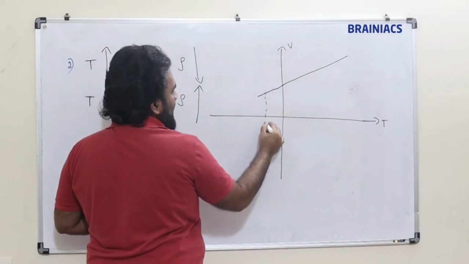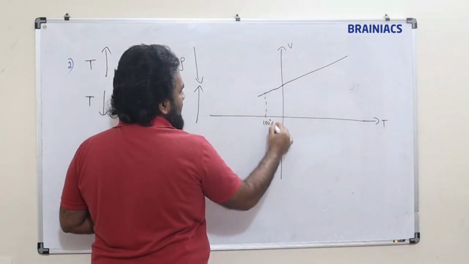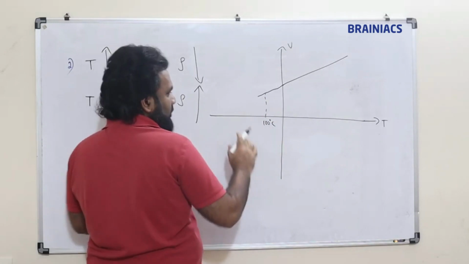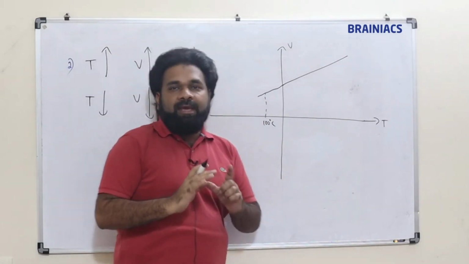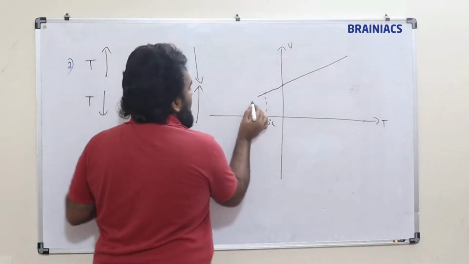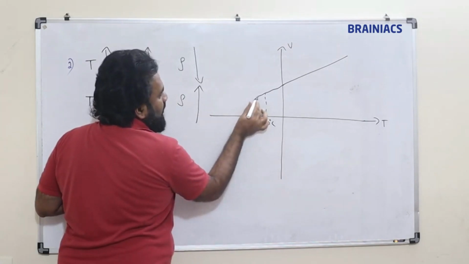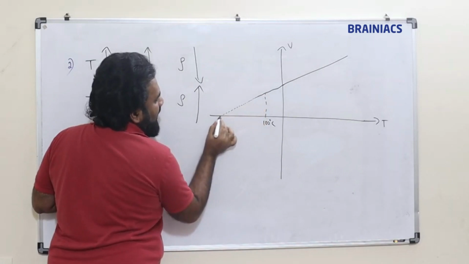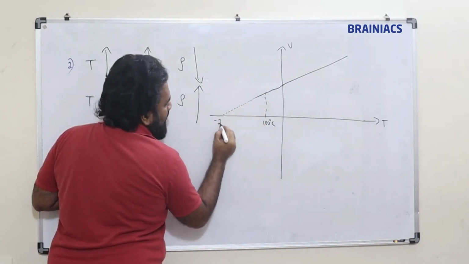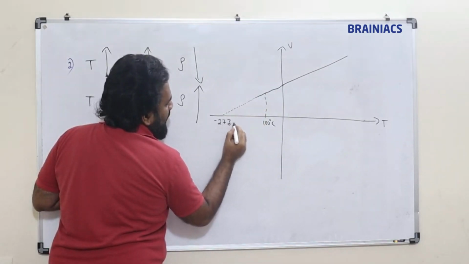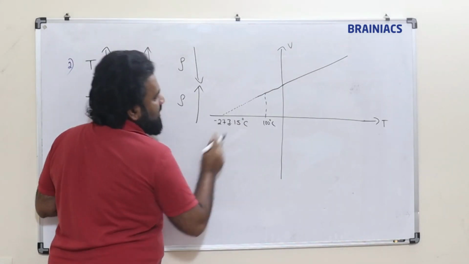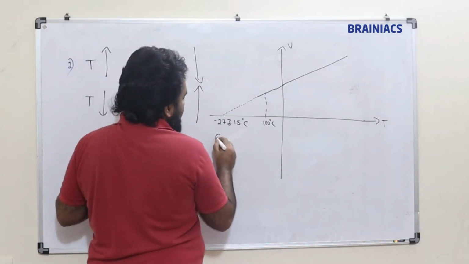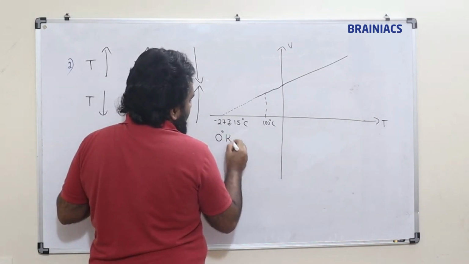Okay, so at 100 degree Celsius, suppose a volume of a gas is there, then after some time it is achievable, but after that we will extrapolate the graph, and this is minus 273.15 degree Celsius, or we can say 0 degree Kelvin.